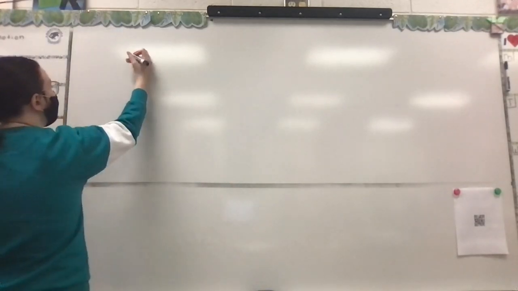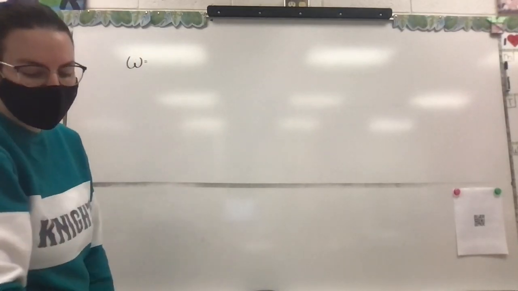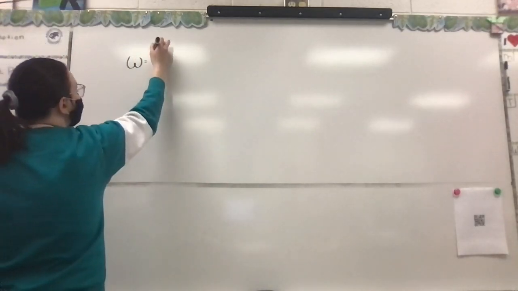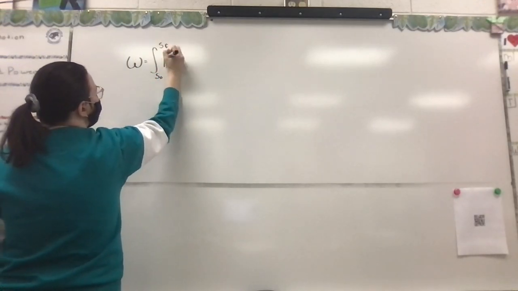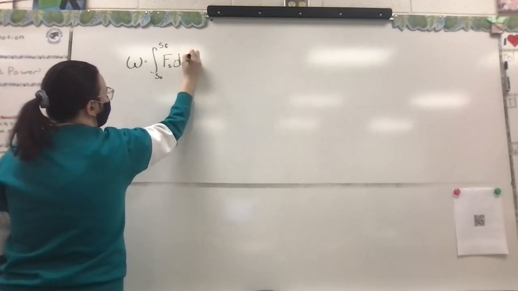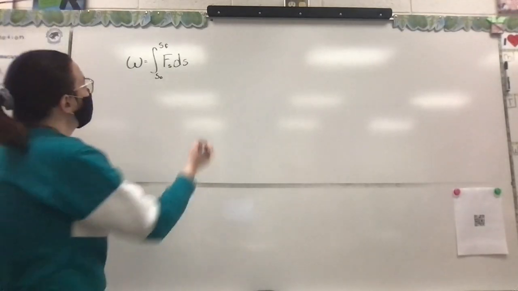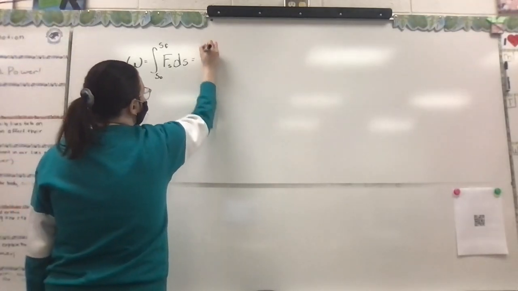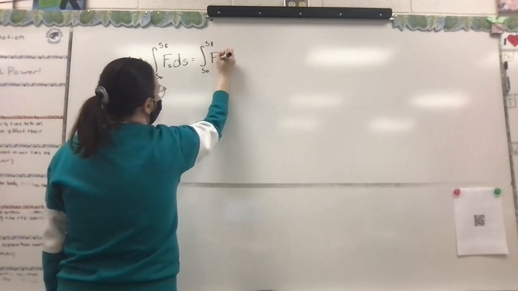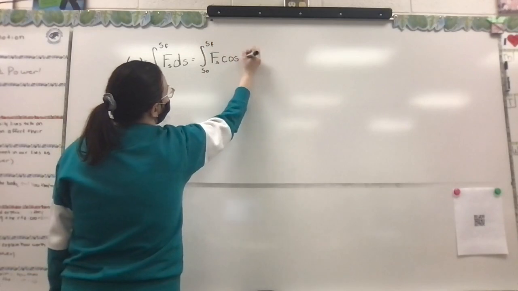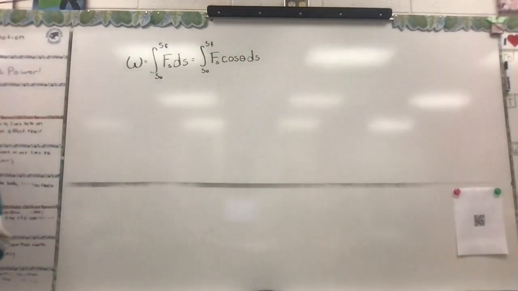So we know that work is equal to the integral from an initial position to a final position of Fs ds, right? We talked about that yesterday. Well, when there's an angle involved, it's the exact same thing, except now we have cosine of theta involved.